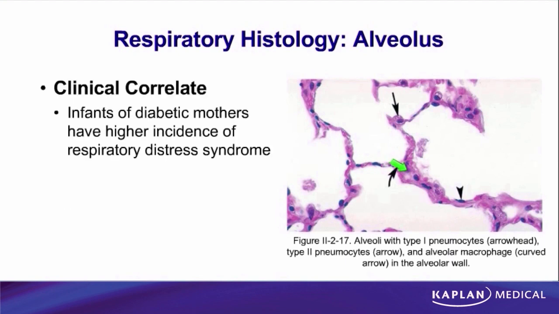Remember that the type 2 pneumocytes are secreting surfactant, but that secretion of surfactant is really not adequate until quite late in gestation, and that's why preterm babies are subject to respiratory distress syndrome because of the inadequacy of surfactant secretion by type 2.